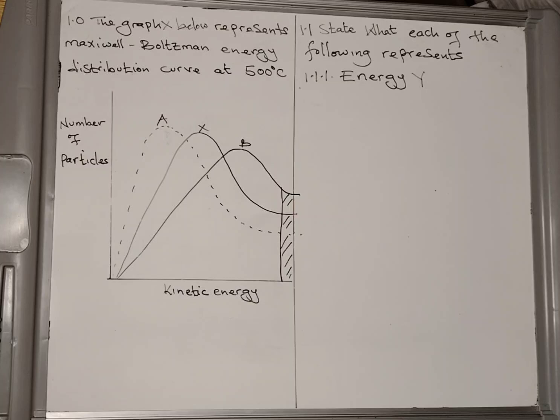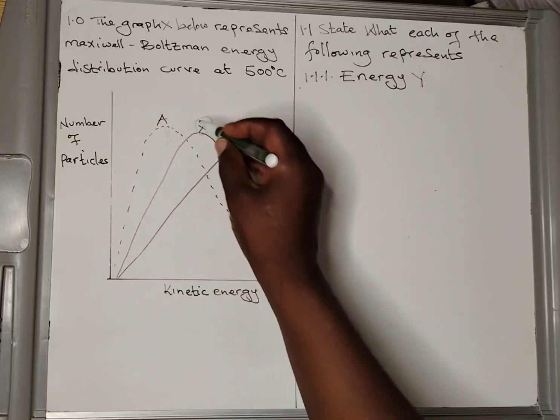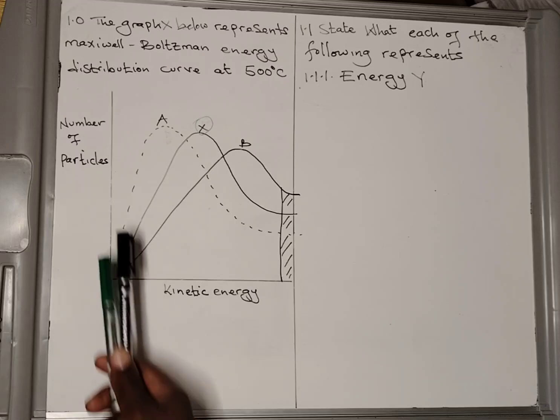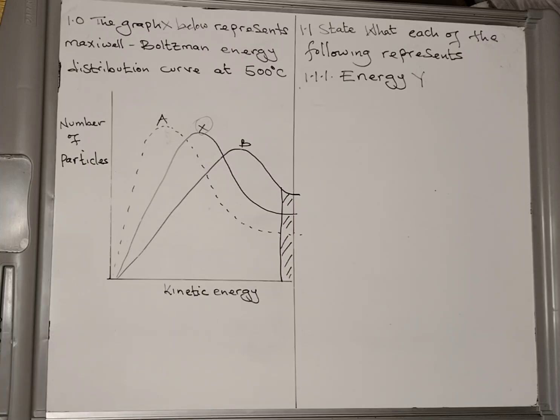So this is the graph we are talking about. This one. So we have a number of particles here versus kinetic energy. And we are going to look at a series of questions which are going to come from here.